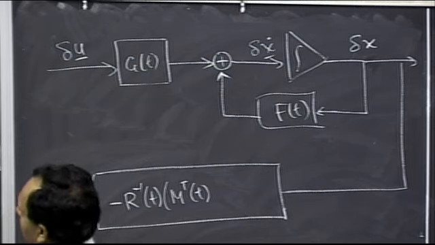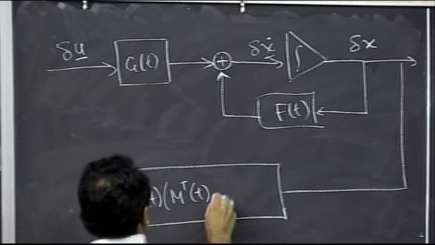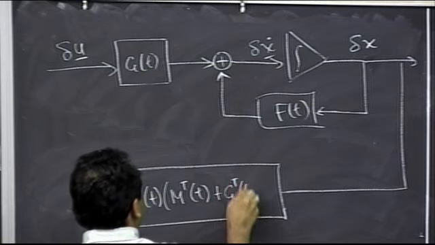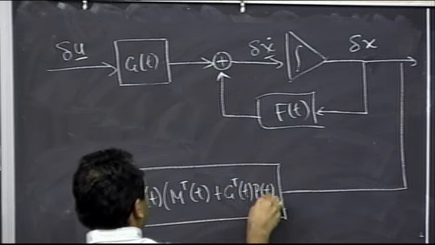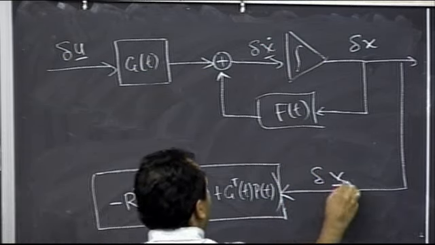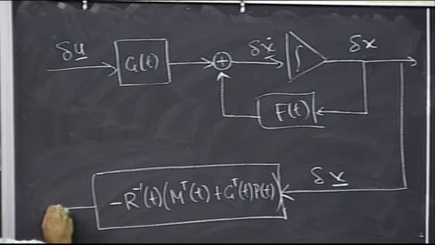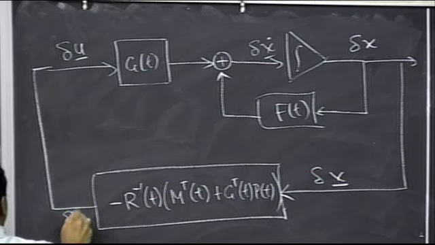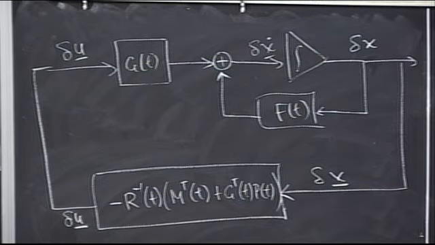Oh, here it is, plus G transpose of t, P of t. That's what goes in here. So remember, what's coming in here is delta x. What comes out is delta u. So there's my neighboring optimal control, right?